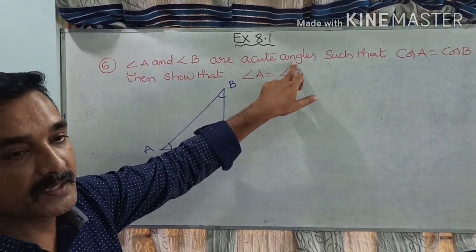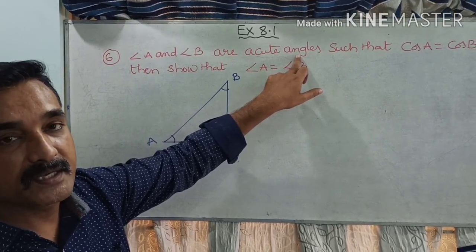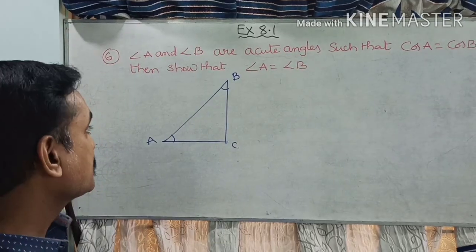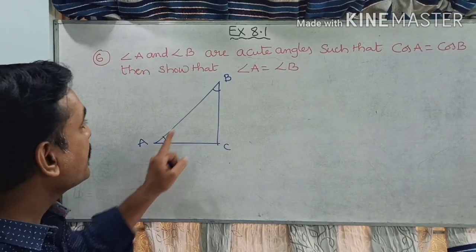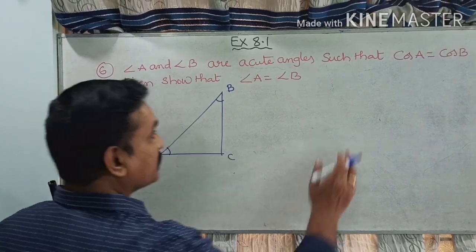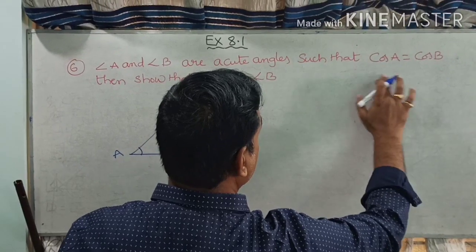Acute angles are the angles which are less than 90 degrees and more than 0 degrees. And one more condition is given: cos A equals cos B.